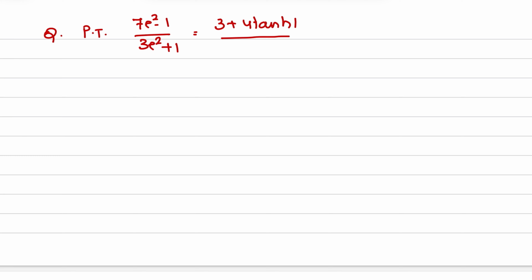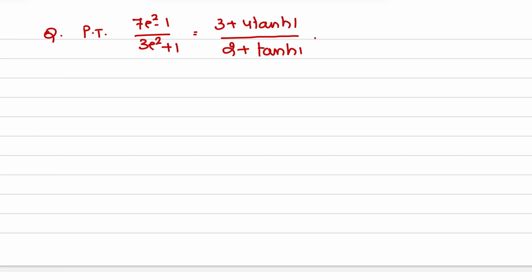What is the question given? Prove that (7e square minus 1) by (3e square plus 1) is equal to (3 plus 4 tan hyperbolic 1) divided by (2 plus tan hyperbolic 1).